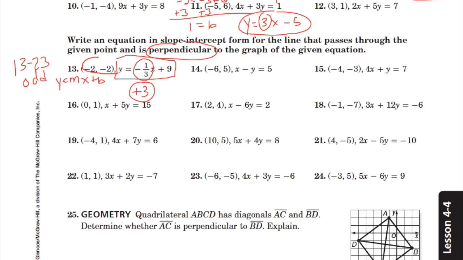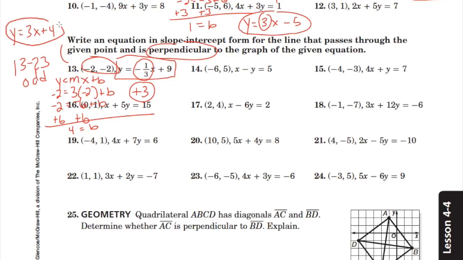My y value and my x value are the same, so that's going to look like -2 equals 3 times -2 plus b. -2 equals -6 plus b. Add 6, add 6, 4 equals b. The final equation for number 13 is y equals 3x plus 4.